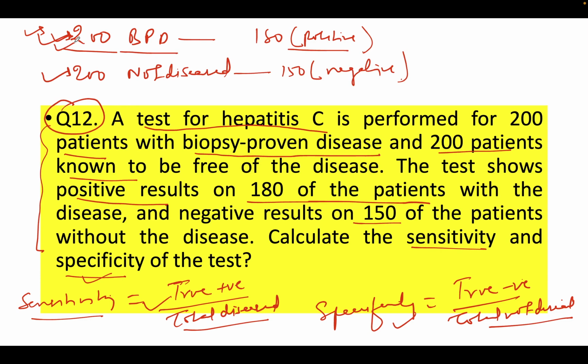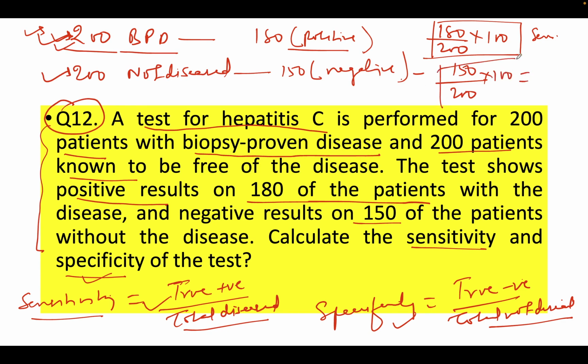So 200 people are already suffering from disease, we all know, and out of that 180 are positives, so they are true positives. So 180 by 200, and if I take the percentage, this is my sensitivity. And if somebody asks what is specificity, specificity is true negative, so 150 are true negatives out of total not diseased, so 200, into 100.